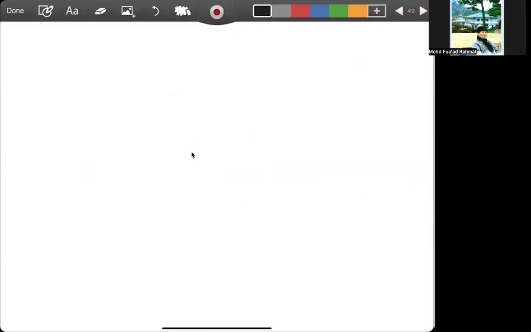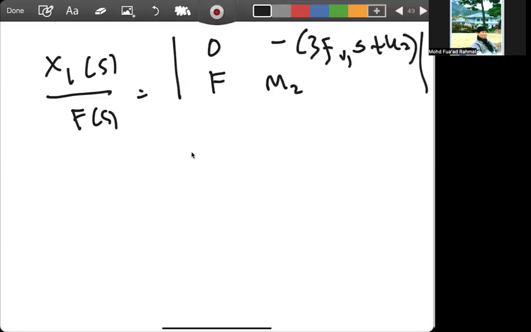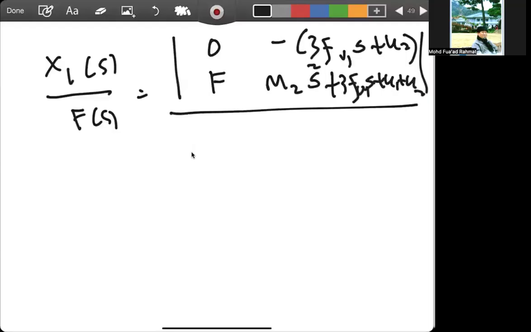Then you simplify. X1 over F(s) equals... minus M2, divided by delta.